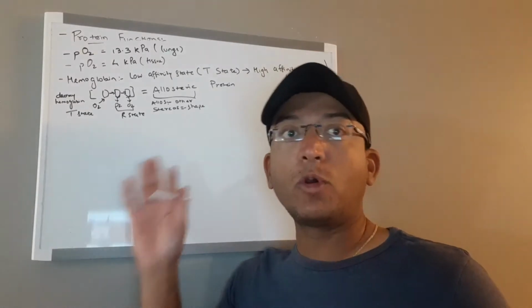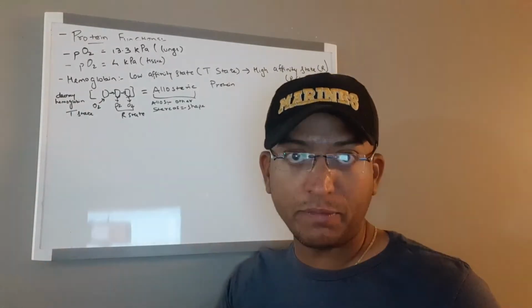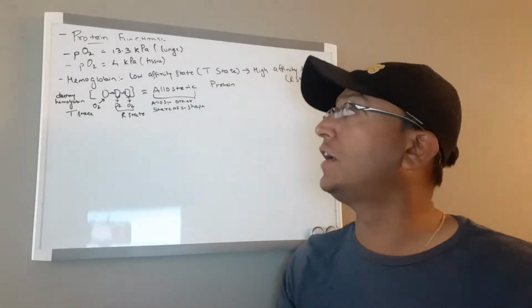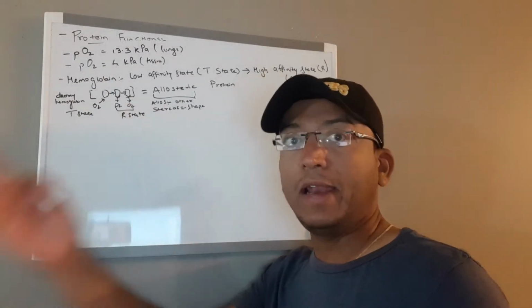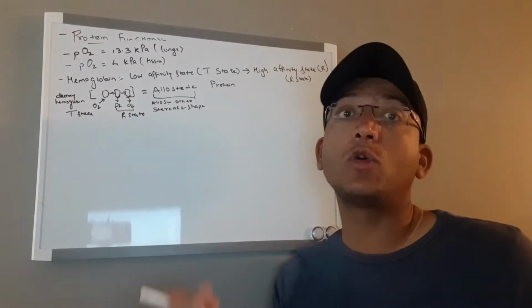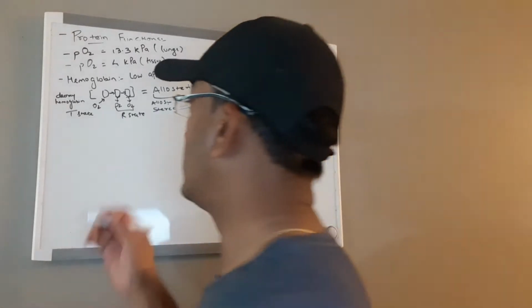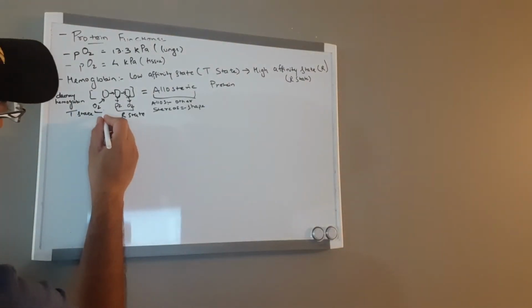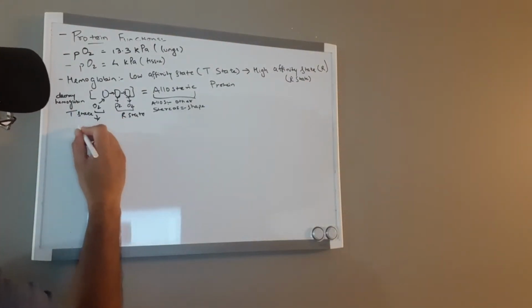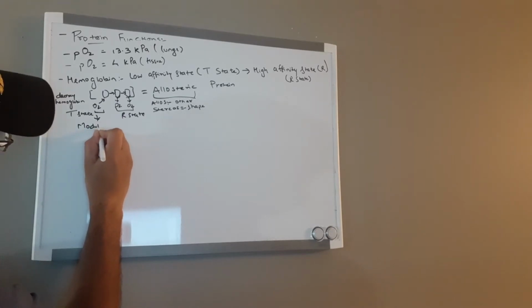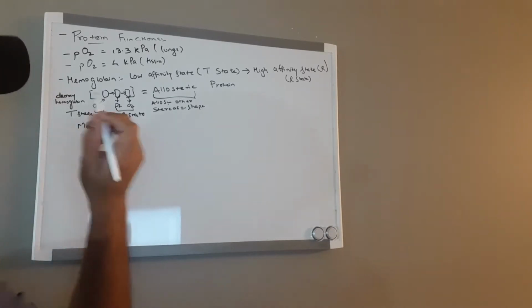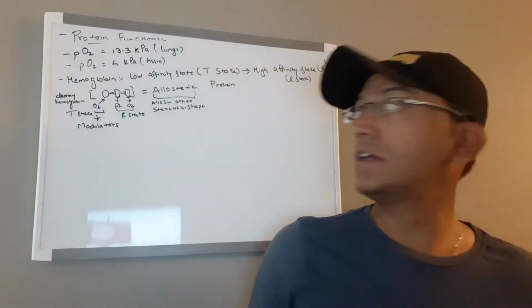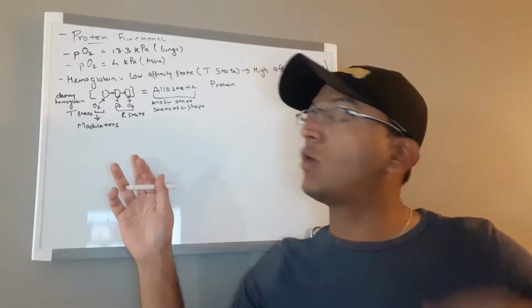So these allosteric proteins are those having other shapes or conformations induced by the binding of ligands, and these ligands are referred to as modulators. Hemoglobin is an allosteric protein. Why?